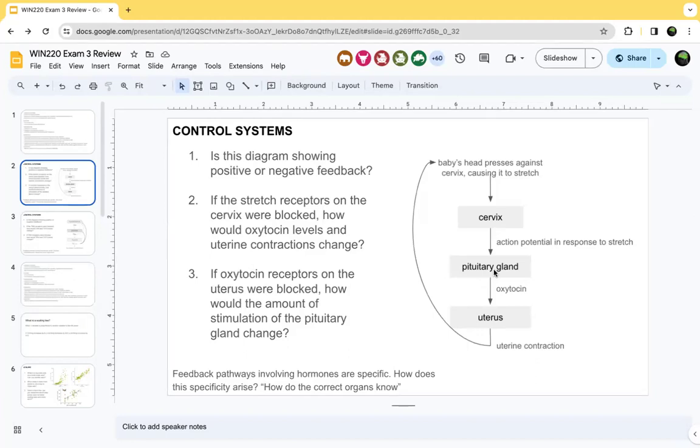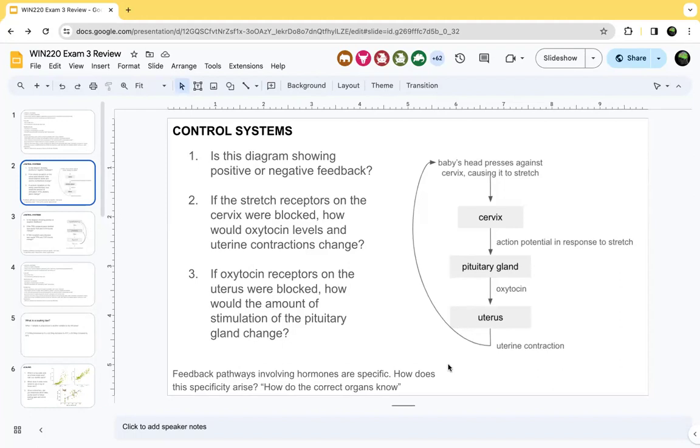So again, less overall positive feedback. So that's an example of what you should be prepared for. Given a diagram, can you tell me if it's positive or negative? And then can you answer questions about how different parts of it will change if I block certain parts of the pathway?